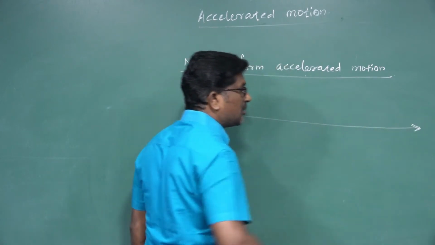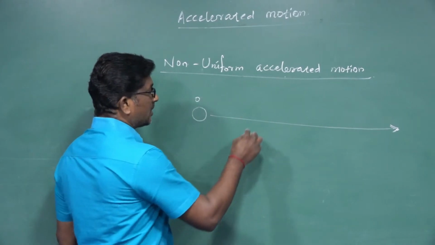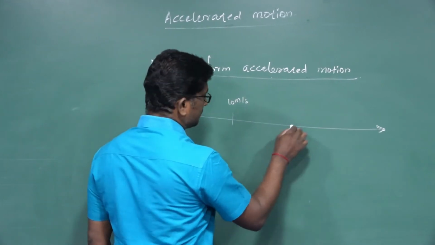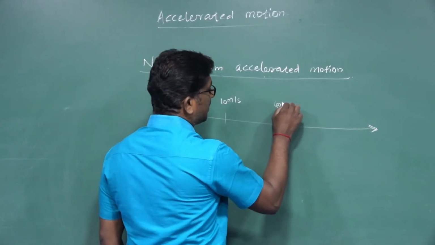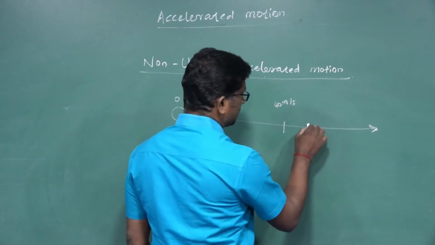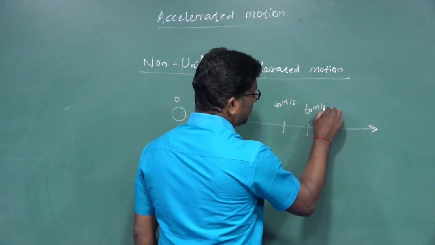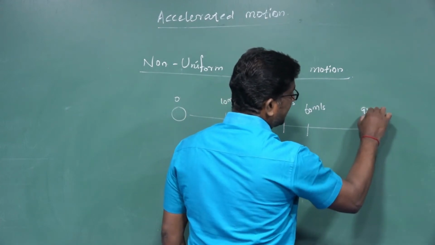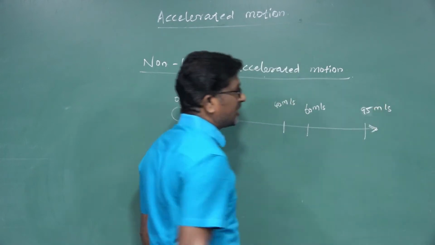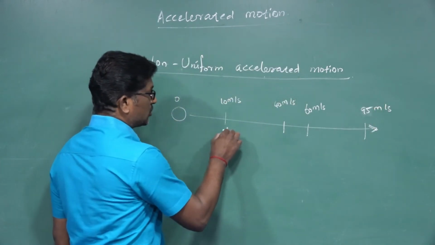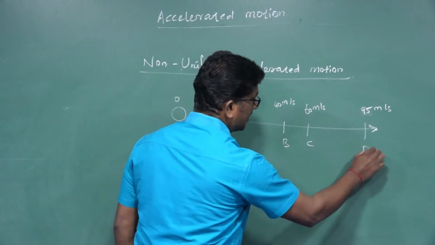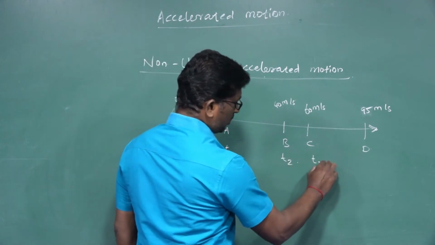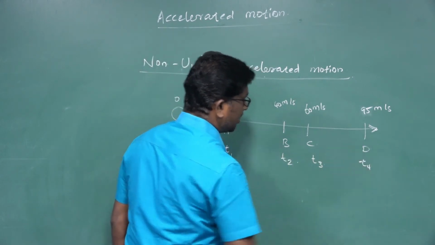Again, we consider an object which is moving along the positive x-axis direction with the velocities 10 meter per second, 40 meter per second, 60 meter per second, and 95 meter per second, at the positions A, B, C, and D, in the times T1, T2, T3, and T4.